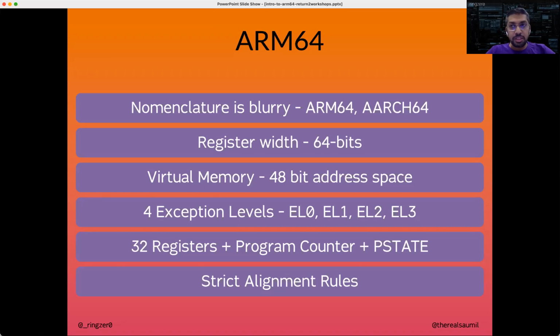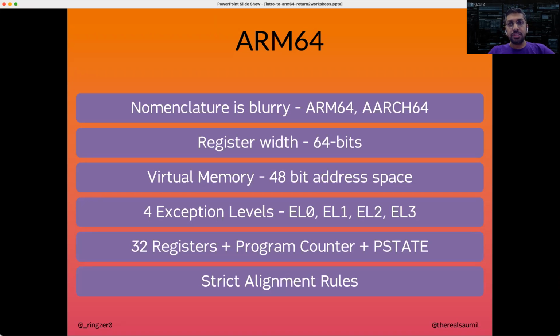When it comes to privilege levels, the ARM64 CPU has 4 exception levels: EL0, EL1, EL2, and EL3. The ARM 32-bit CPU had 7 or 8 exception levels, which was vastly different. And this year, they've simplified the exception levels now.